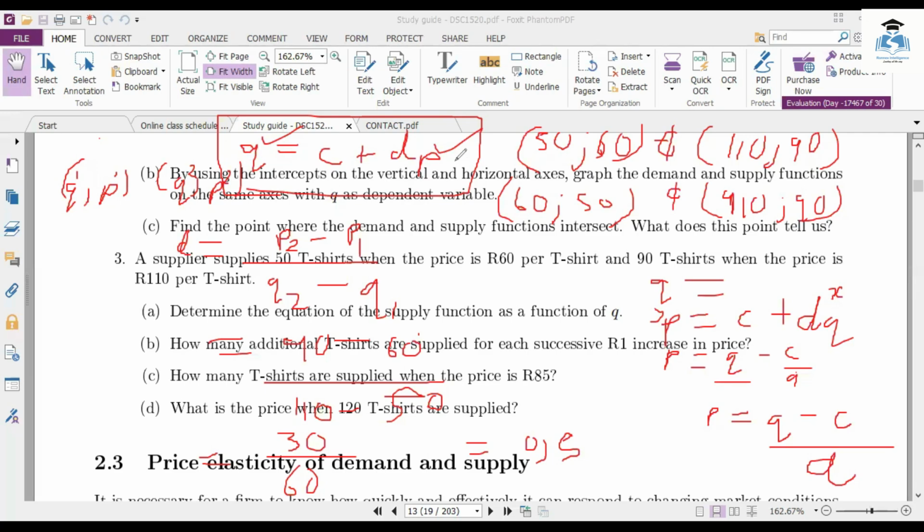When they say that, your dependent variable will be on the left side of the equal sign, and the independent will be on the right side. So since our price is the one that determines the number of t-shirts, our P is the one to be here, and our Q is the one to be there. What you just need to do is flip, but the equation will remain as it is.